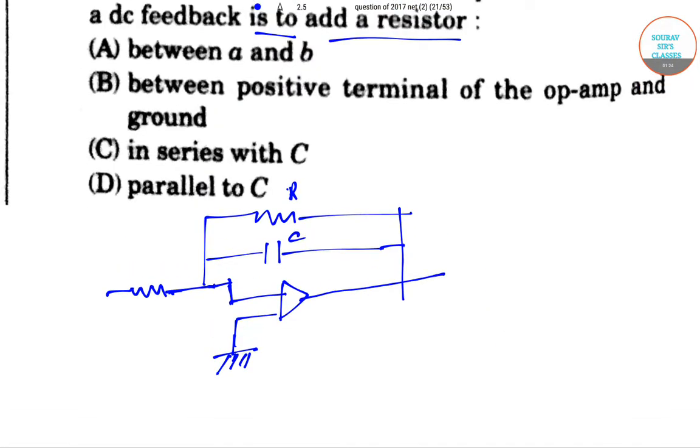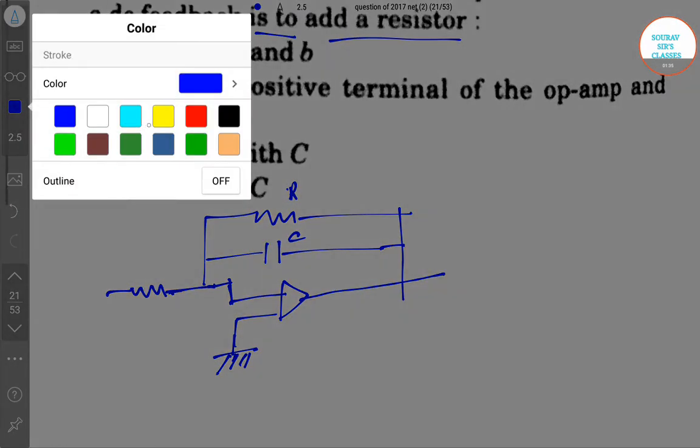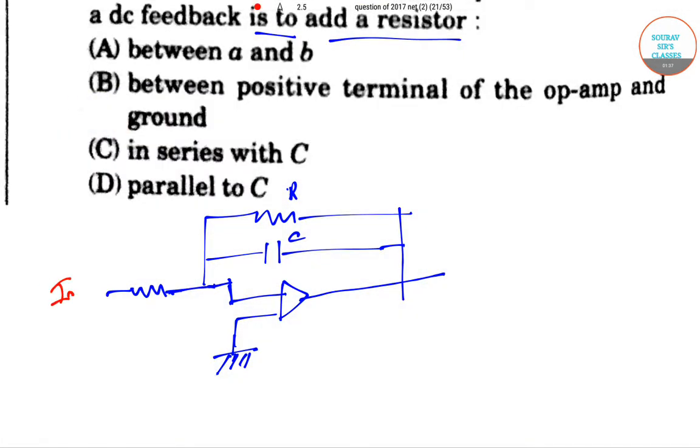Now applying KVL in the inverting branch along the output to input loop. This is the input loop, and this is the output loop.